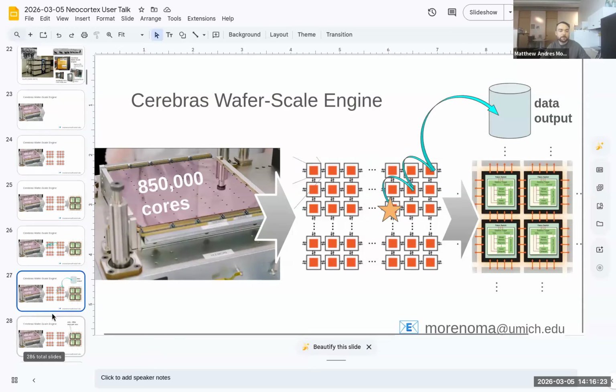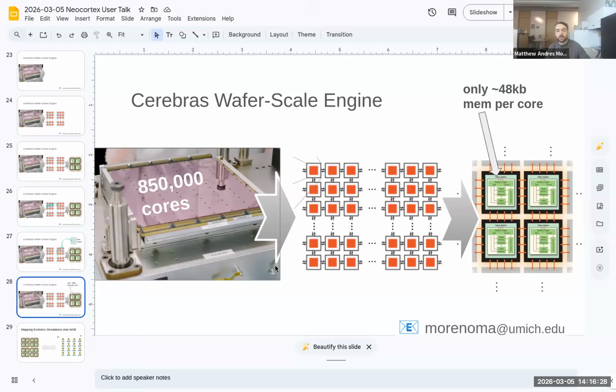Another restriction of working with a wafer-scale engine is the amount of memory that's available per processor. Even though there's a large amount of total on-chip memory, when you divide it by 850,000 processors, it works out that each processor has less than 50 kilobytes of memory available.